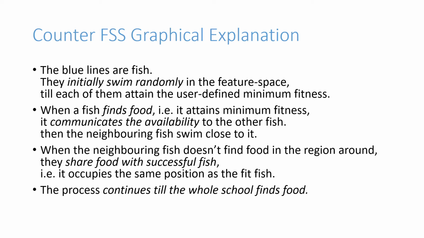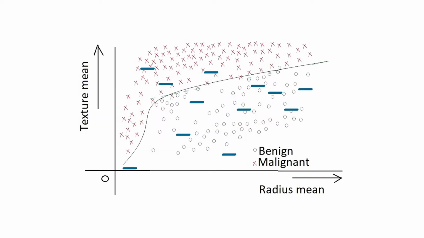You can see the graphical representation. First, the fish swim very randomly. You can see the fourth fish from the origin has attained the minimum fitness, and the next two neighboring fish swim closely to the first fish.